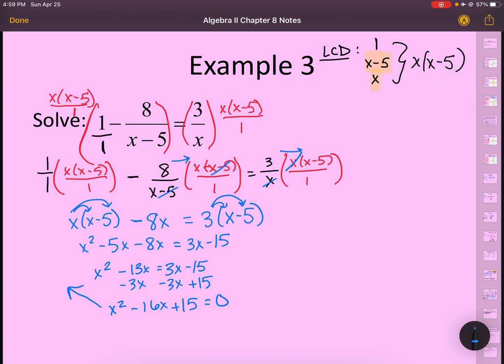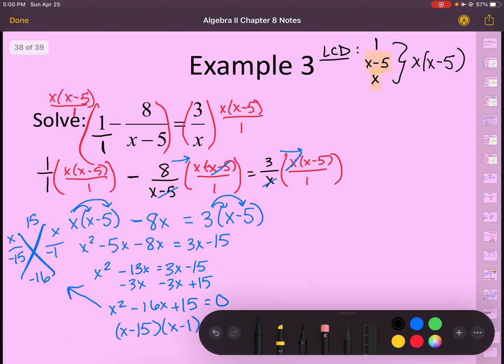And this can factor. So I need 15 up top and negative 16 in the bottom. And our factors here are negative 15 and negative 1 that multiply to make regular 15 but add to make negative 16. So this is going to be x minus 15 and x minus 1 is equal to 0.